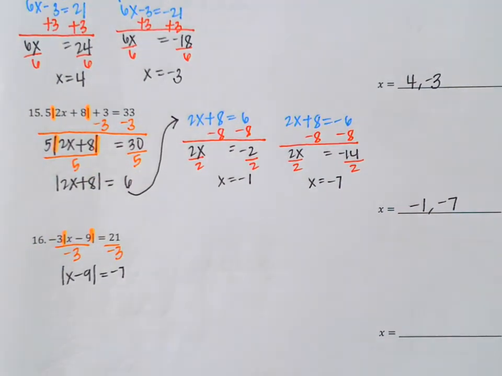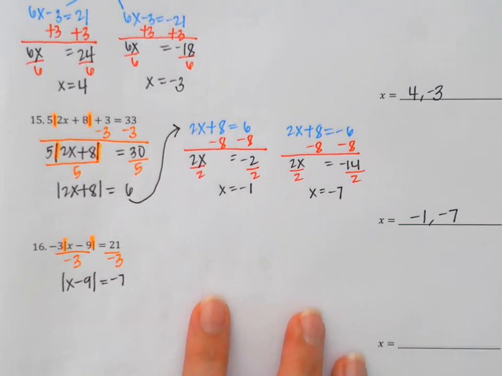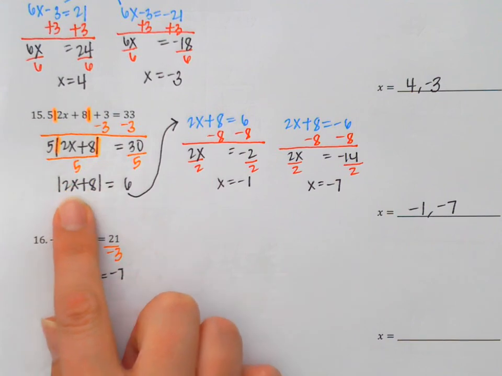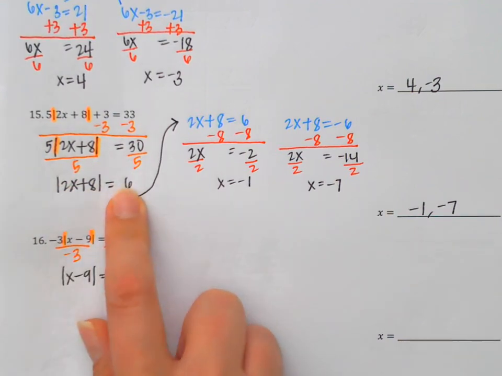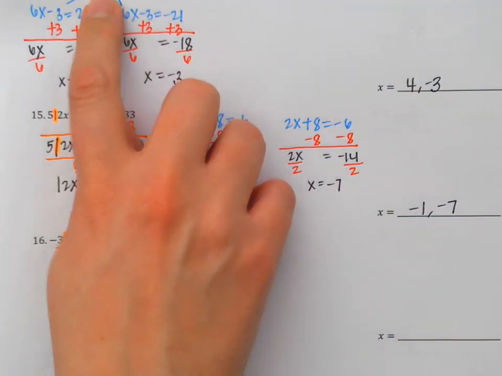Now, what do we know about absolute value expressions? We know absolute value expressions should always equal a positive number. And what does this equal? Well, it equals negative 7, which is not a positive number. So when it equals a negative, look above. All of your absolute value expressions before we split them equal to positive. It equaled positive 6. It equaled positive 21.